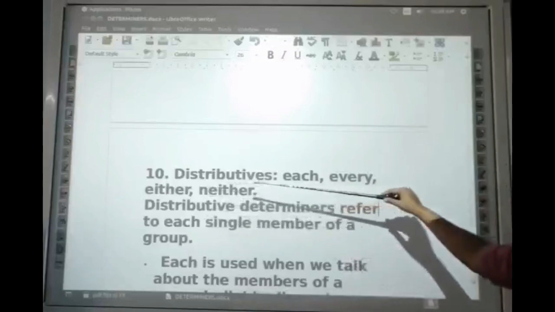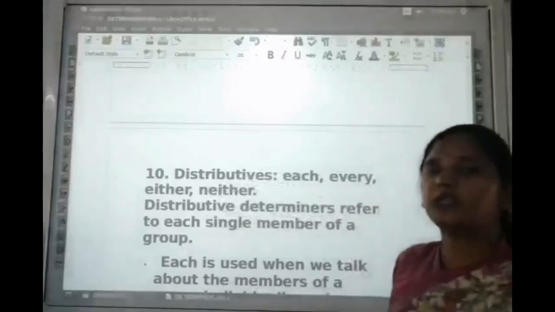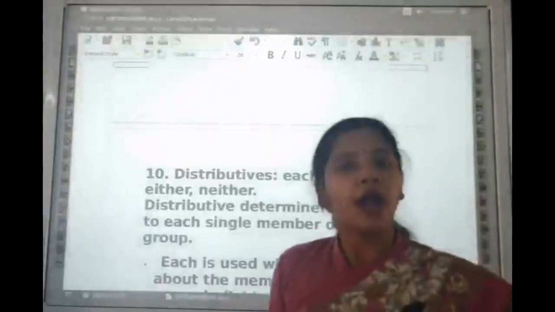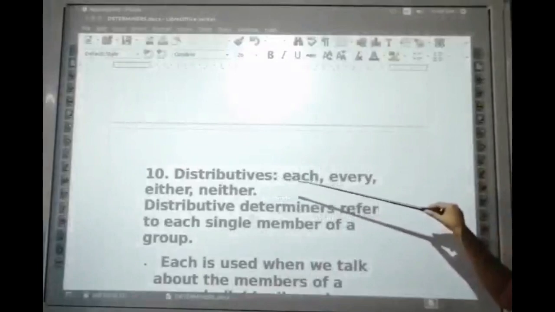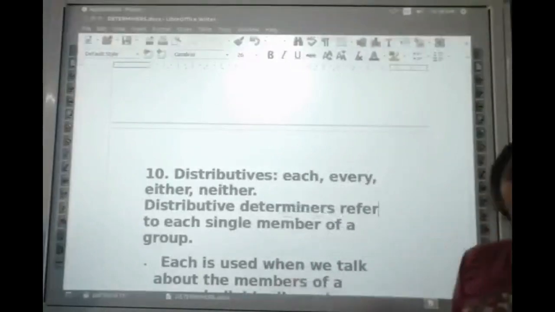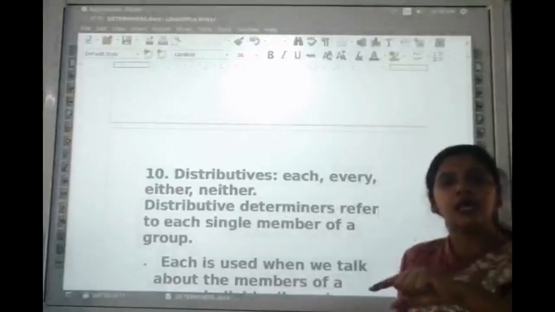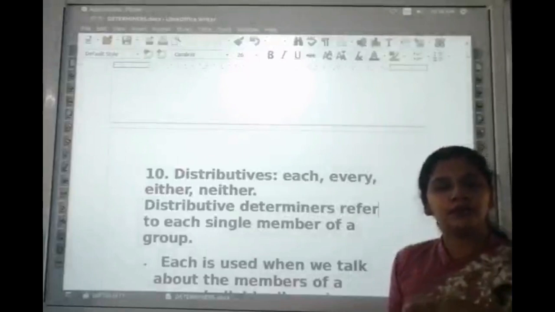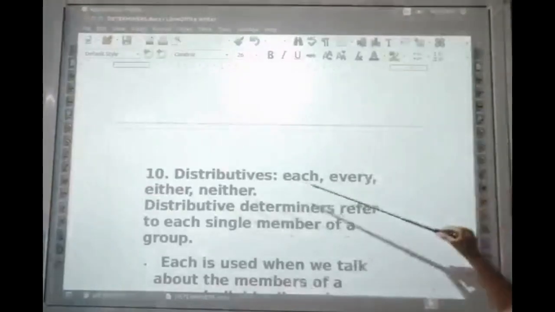Next is distributive. Distributive means we distribute things between two or among people, like each. When we are able to count the people and indicate the persons present here, we use each.